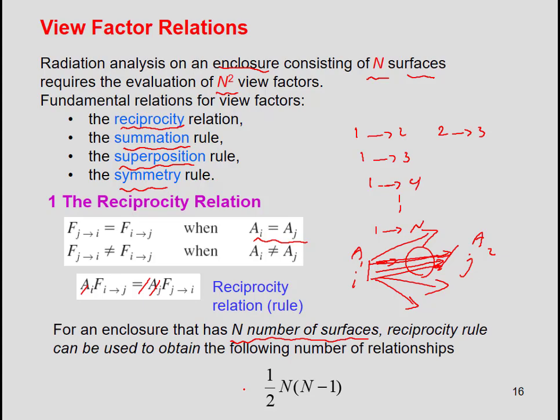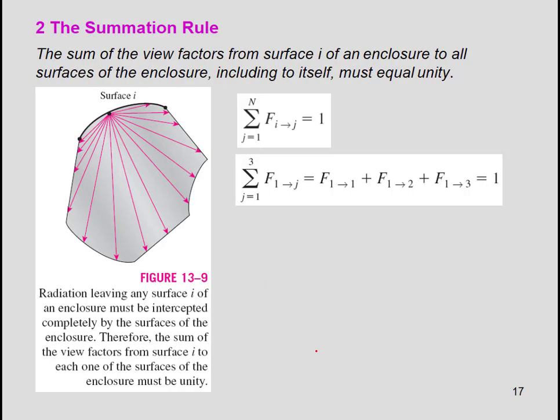We will have one half times n multiplied by n minus 1 relationships for the view factors of that kind of enclosure with n surfaces. Then by using different methods we can find the view factor for all of the surfaces. What about the summation rule?